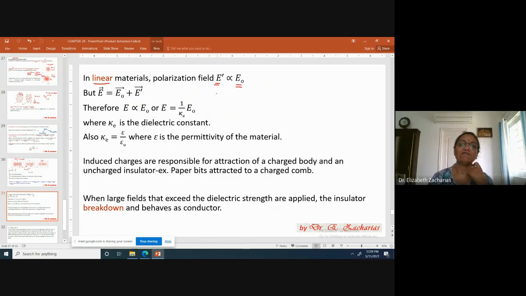From this it also turns out that the net field is directly proportional to the applied field.